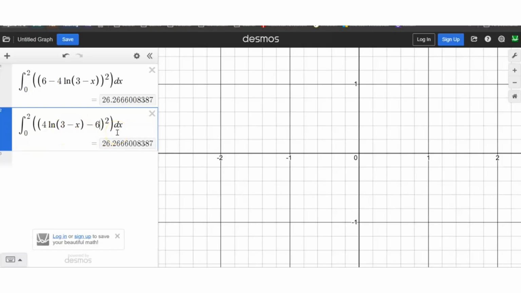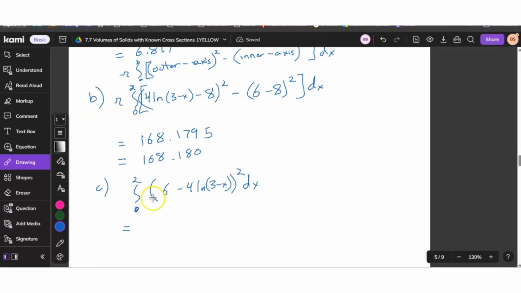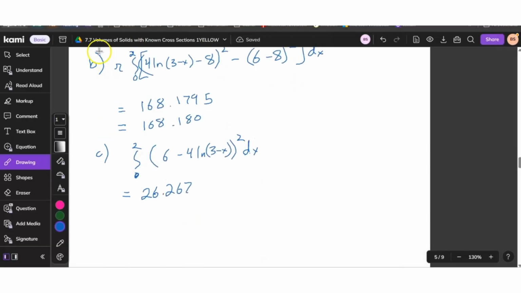Because if we just have two things subtracted and we're squaring it, we'll get the same answer. But for consistency's sake, let's always just do that outer minus inner, so top minus bottom in this case. So 26.267. And we're done. That's it. Look, you get to go practice.